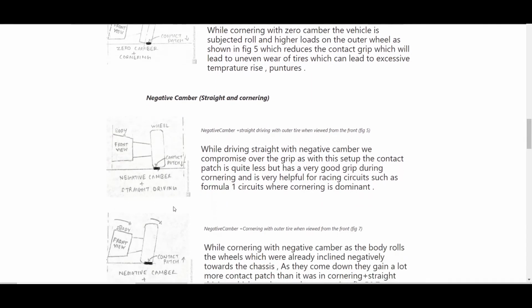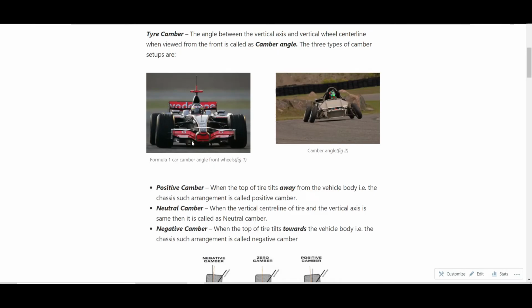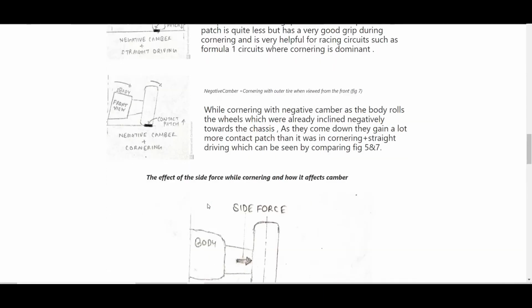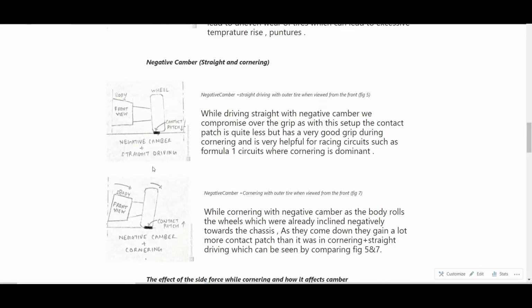Now we'll be looking at why these Formula 1 vehicles and race cars are generally provided with negative camber. As you already know, there is a disadvantage of having negative camber during the straights, but negative camber is highly beneficial during cornering. Now you can imagine that the vehicle wheel is inclined during straight driving, and after the vehicle rolls, there is load transfer taking place, causing the tire to tilt towards the right.